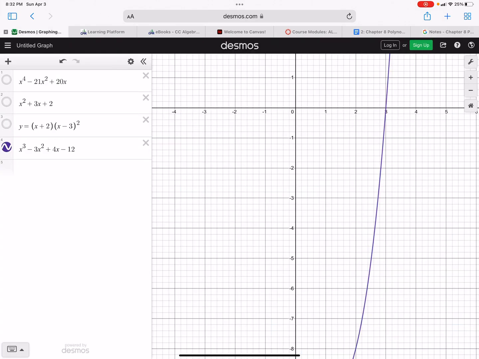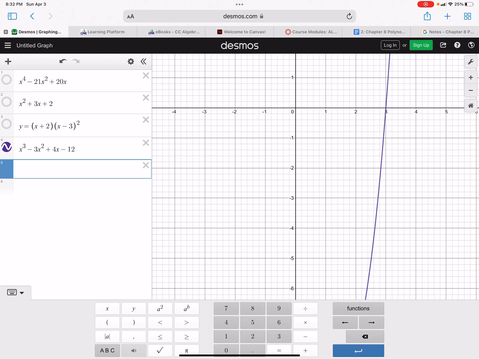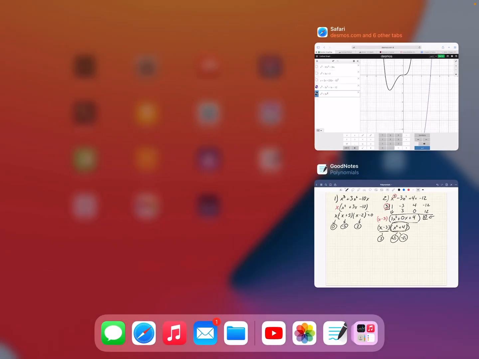Okay, let's see if I can get this down. So let's go x to the 4th plus 2x cubed. Let me see if I got this right.